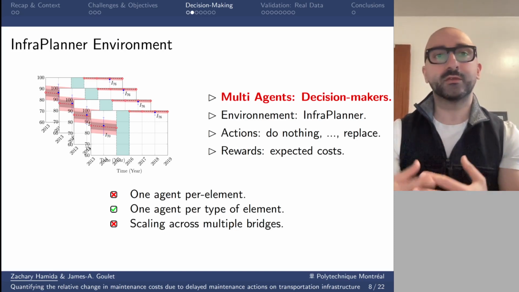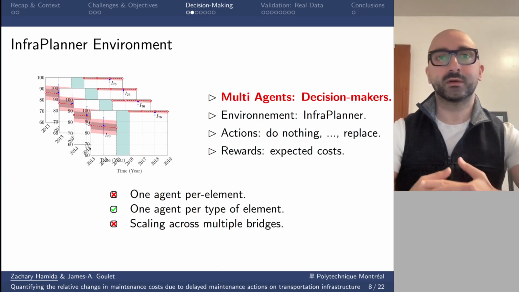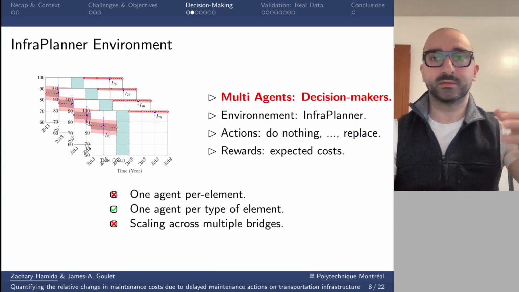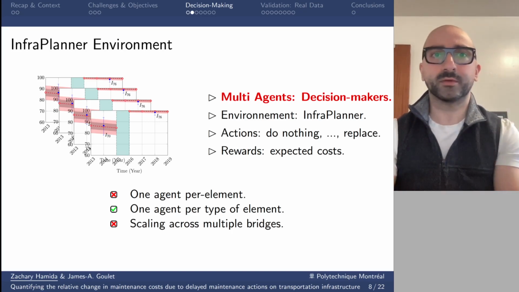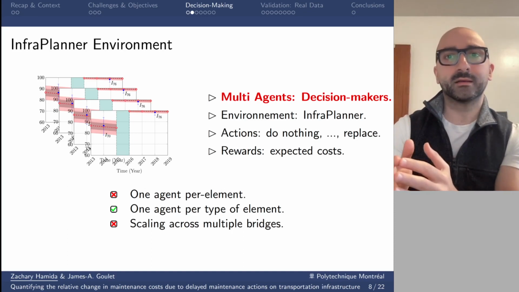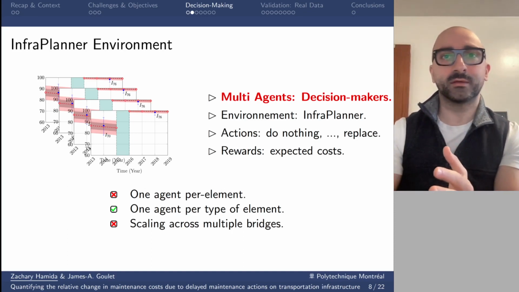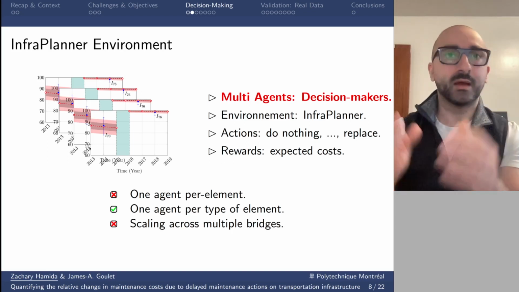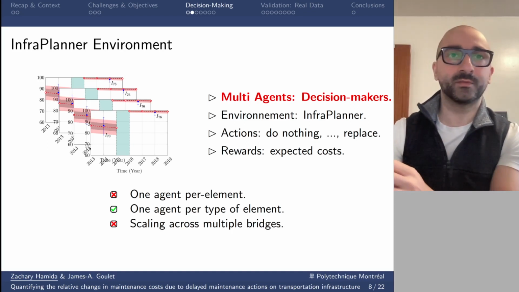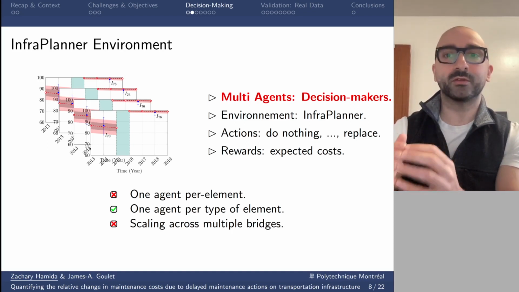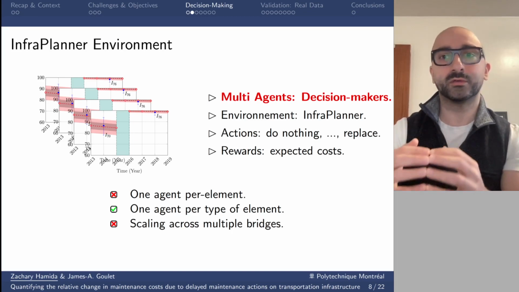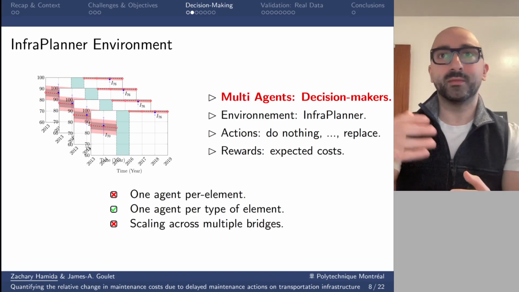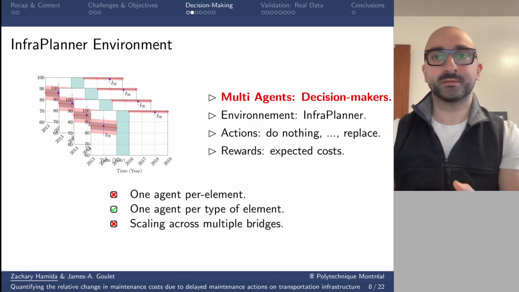But still, even with such a simplification, if you have a network of 10,000 bridges, or let's say even 5,000 bridges, and let's say you have on average 10 agents per bridge, that is a large number of agents that need to learn how to cooperate and learn a policy that would aim to minimize the total expected costs.